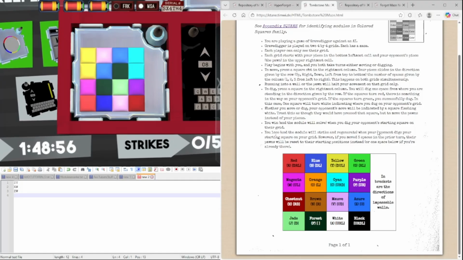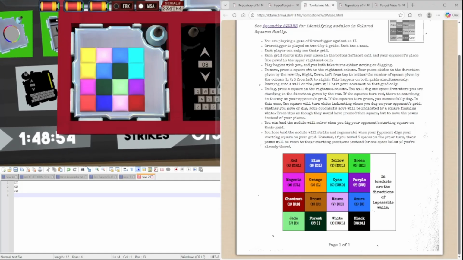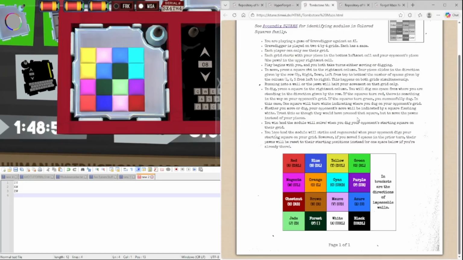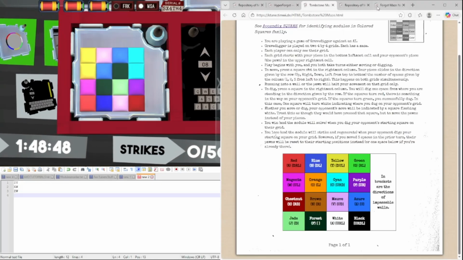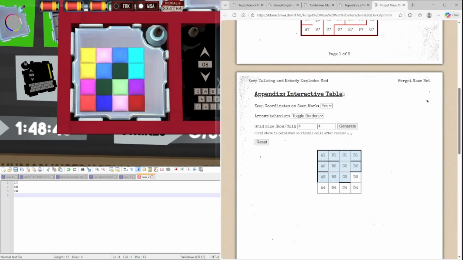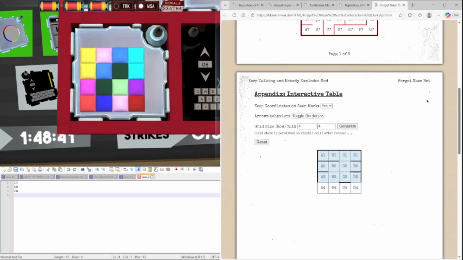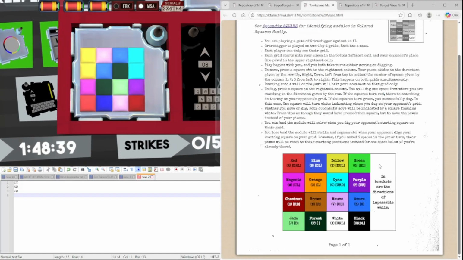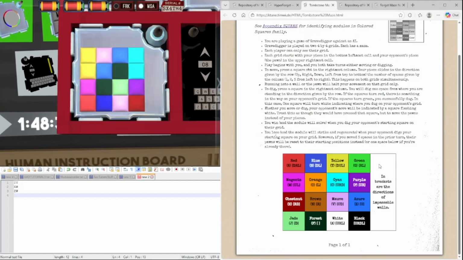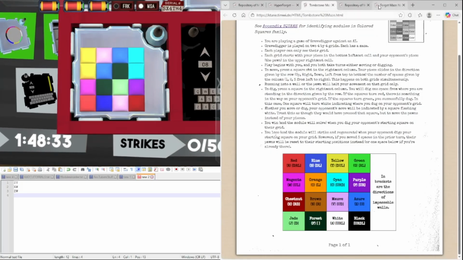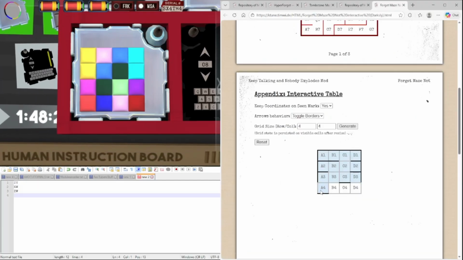We have magenta, I think that is, which is up, left. Makes sense. We have jade, which is just down. Purple is up, right, which makes sense as well. Red, down, right, left.